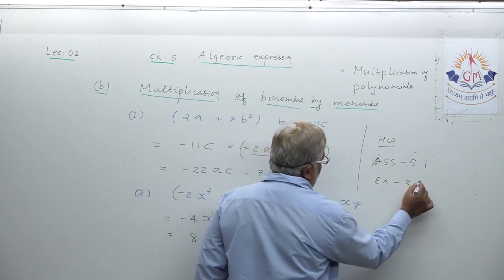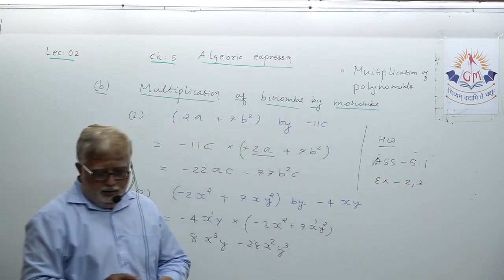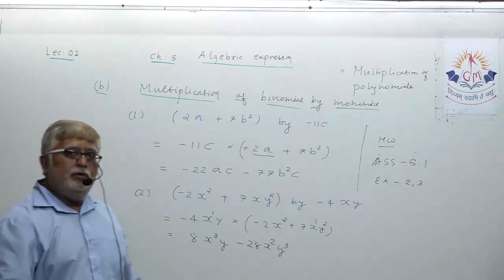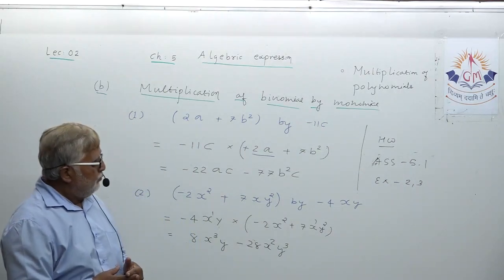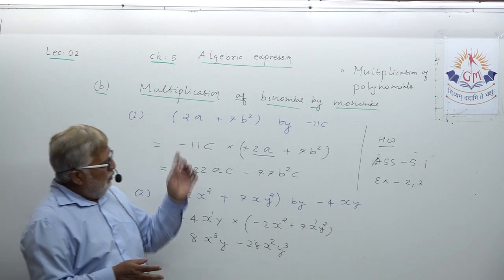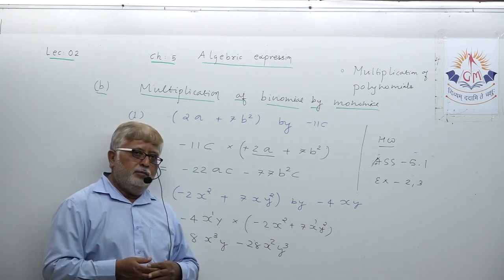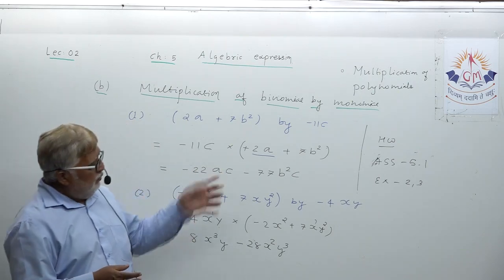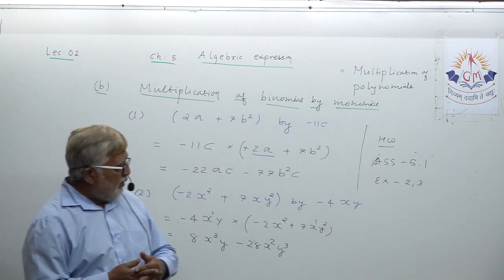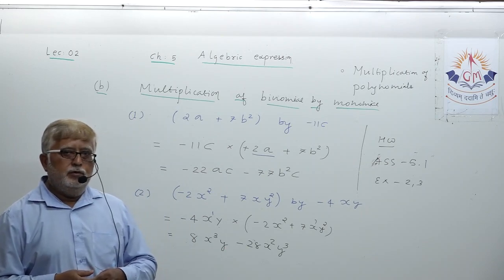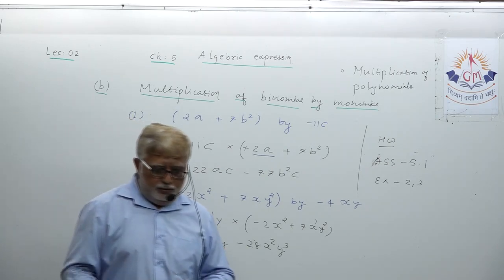Example number 2 and 3, note down. Okay. We'll continue the topic tomorrow. So dear student, we'll still continue the topic of product of binomial by monomial. Okay. This is homework for today. Assignment 5.1, Example 2 and 3. Okay. Thank you very much.